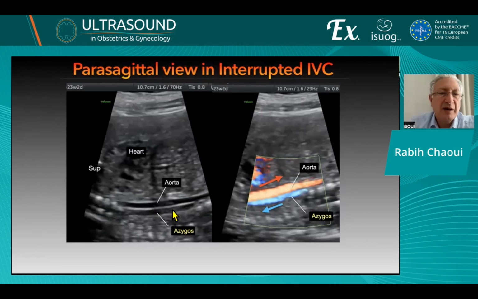In general, under normal conditions, you will have the inferior vena cava coming in the direction of the diaphragm, getting up into the heart, and you see here side by side vessels. By adding color Doppler, you see that the flow will go in the aorta from the thorax into the abdomen, and in the azygous vein, which is then dilated, from the abdomen toward the heart.